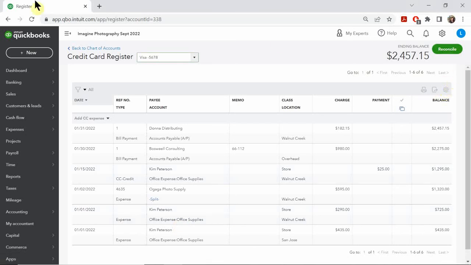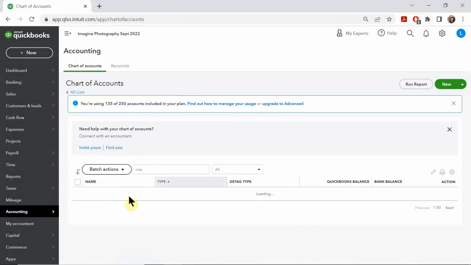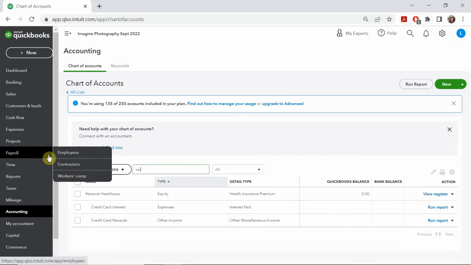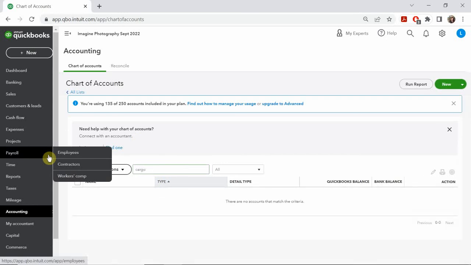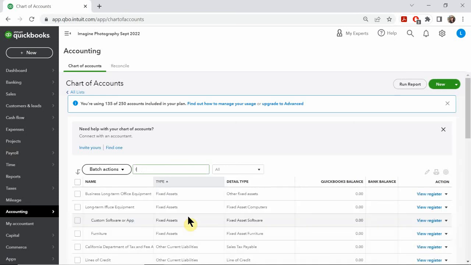So how do I get to my chart of accounts? I can go to my gear icon and click on chart of accounts. So here we are. I'm going to verify if I even have a cargo van, and in this case, I don't. Let's do fixed assets.